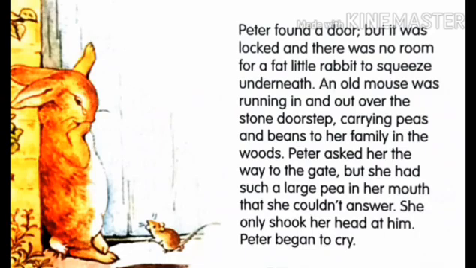An old mouse was running in and out over the stone doorstep, carrying peas and beans to her family in the woods. So, after moving from the shed, he went near a door, but the door was locked, and there was no place for a fat little rabbit to squeeze underneath.